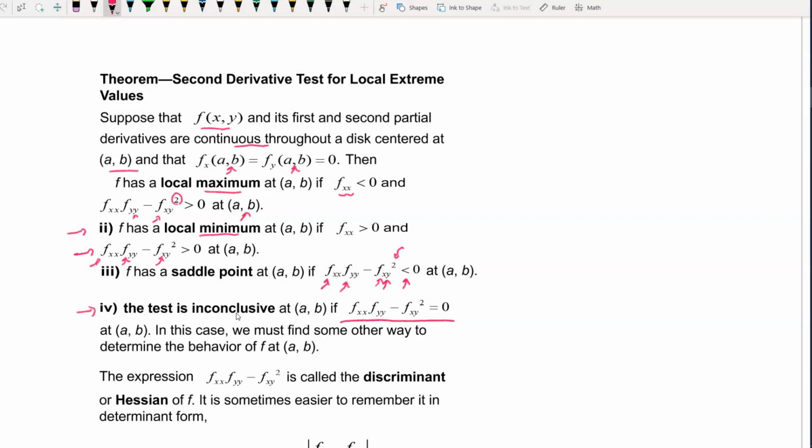So the second derivative times the second derivative minus the mixed derivative squared equals 0. In this case, we must find some other way to determine the behavior of f at (a, b).